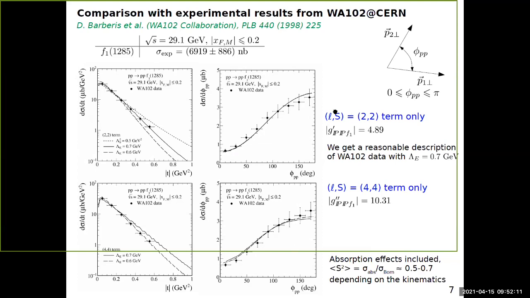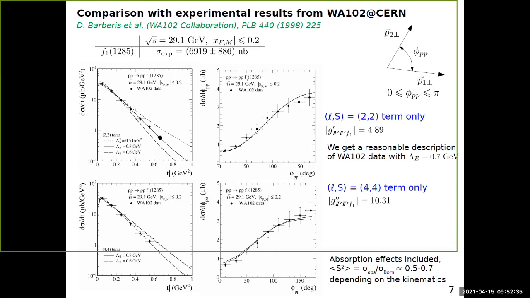So you can see that with both LS couplings, and for the 4 term, we describe the data well. We can see that the t dependence is very sensitive to the form factor, and we get a reasonable description of this data with the exponential form, lambda equal 0.7 GeV.